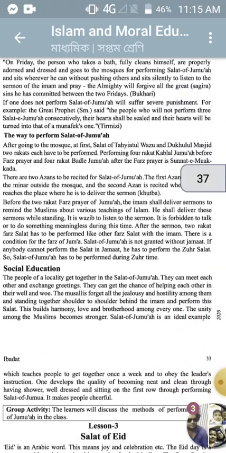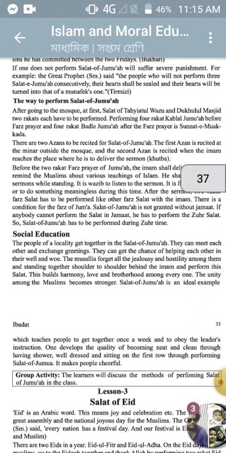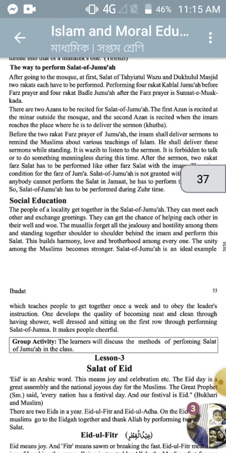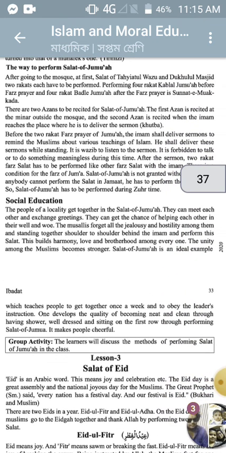Now I will discuss the way to perform Salat of Juma. After going to the mosque, at first, Salat of Tahiyyatul Wudu and Dakhilul Masjid, two rakat each, have to be performed. Performing four rakat Qabla Juma before the prayer and four rakat Ba'da Juma after the prayer is Sunnah Muakkadah.